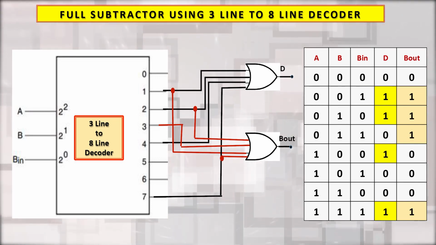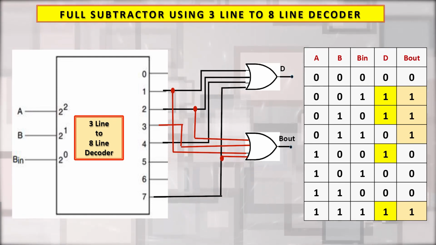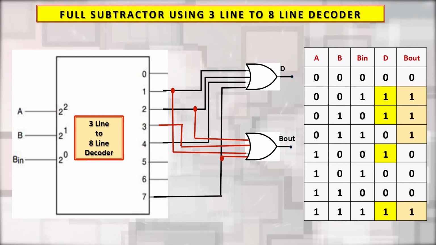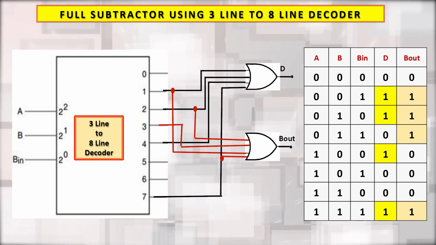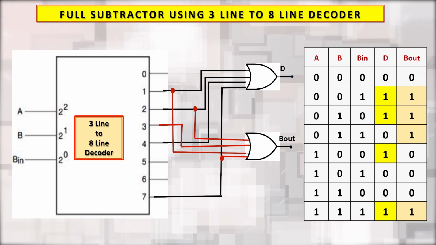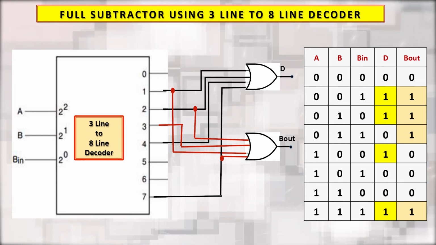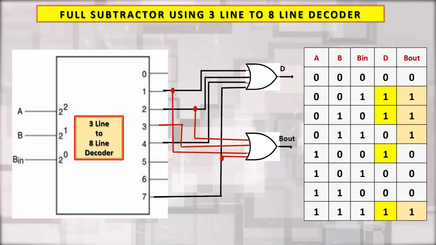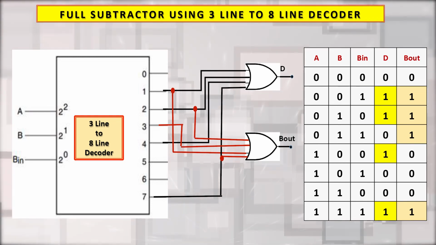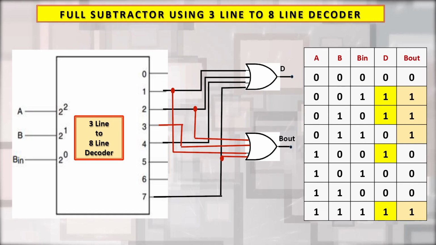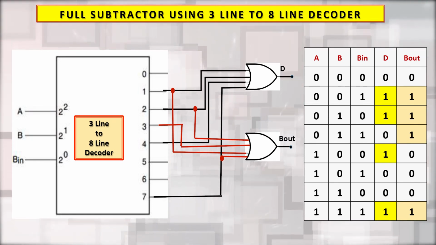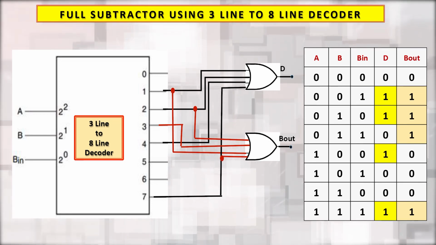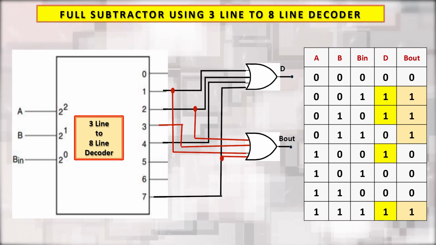See, in this case for output 1, when the input is 001, y1 is high. Then y2 is high, then y4 is high and y7 is high. It is interesting to note here that the logic high cases for the sum bit and the difference bit are the same.